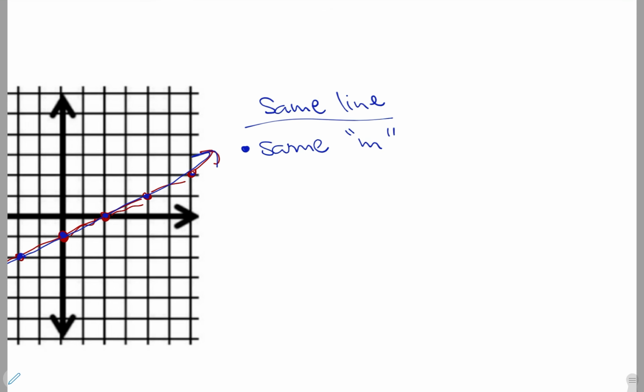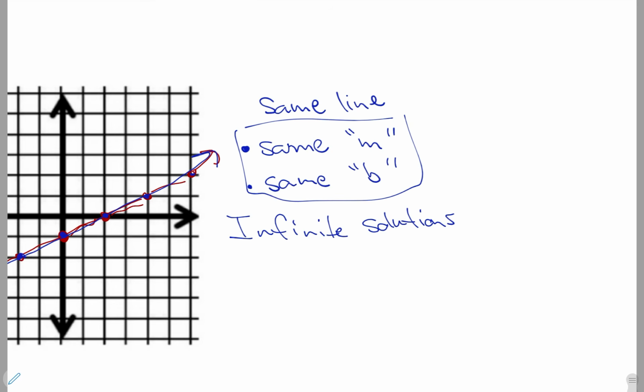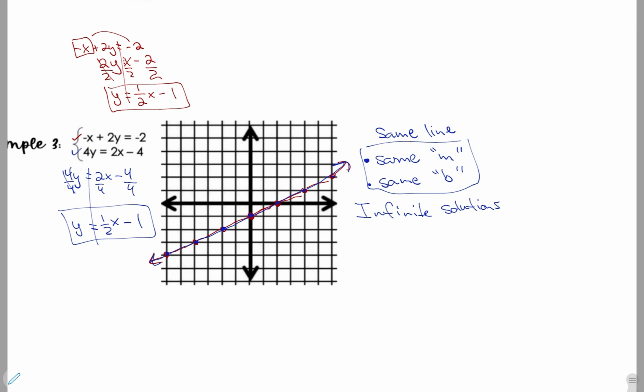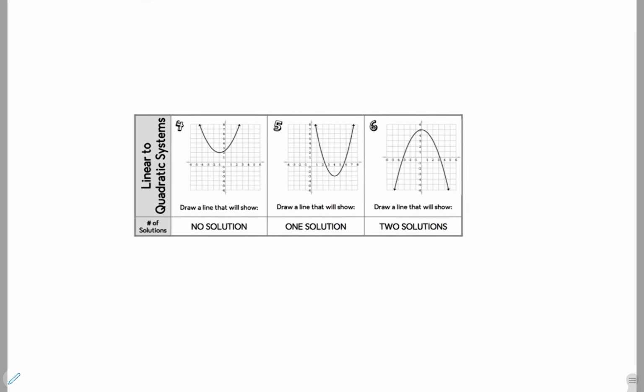Same intercept. Answer is infinite solutions. Go ahead and enhance your notes with that one. And again, at any point, if you need to pause, rewind, instant replay, make it happen, I'm moving on to the next piece.